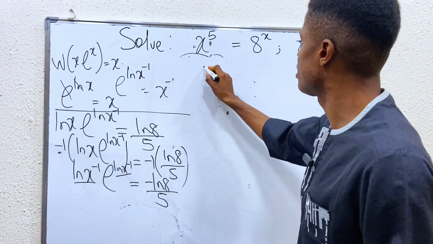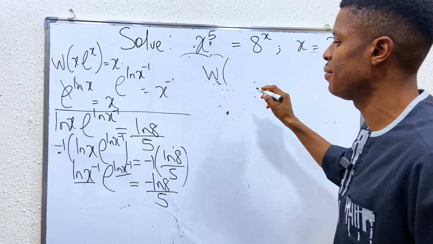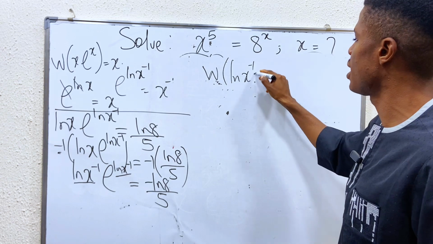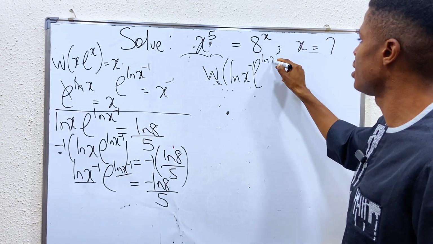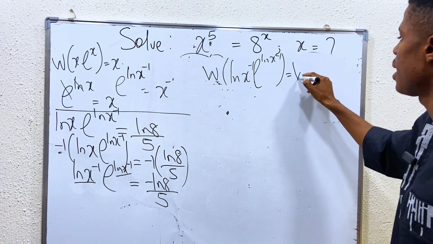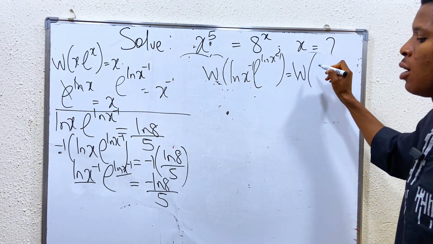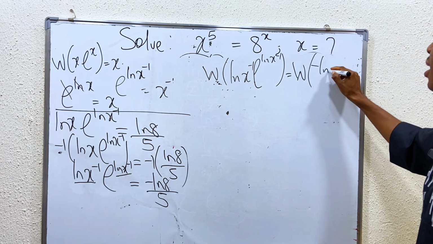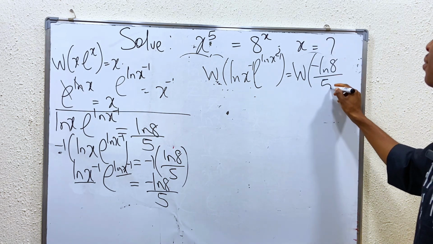If I take the Lambert W function of (ln x)^(-1) e^((ln x)^(-1)), it is equal to the Lambert W function of minus ln 8 over 5.